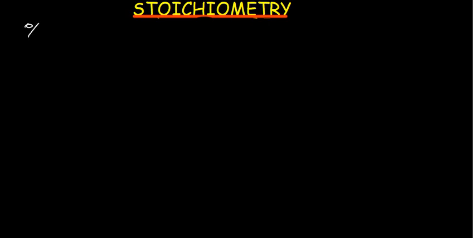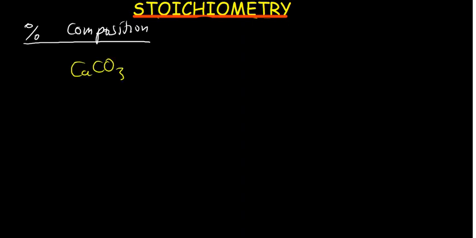How do we calculate not percentage abundance but percentage composition of an element? So, calculating percentage composition. Let's say, for example, we've been given a compound that contains some elements. Let's say the compound is calcium carbonate. You want to find the percentage composition of carbon in calcium carbonate.